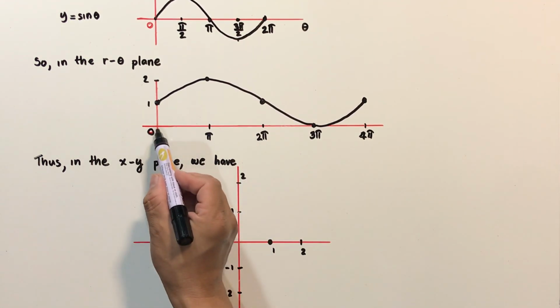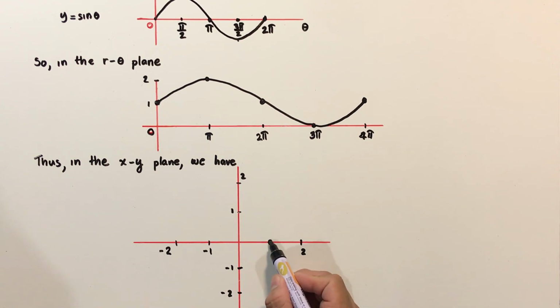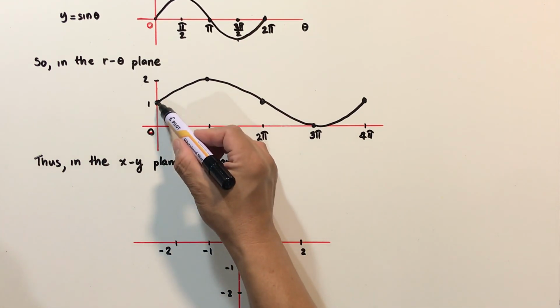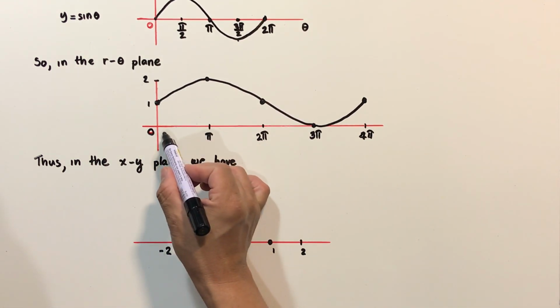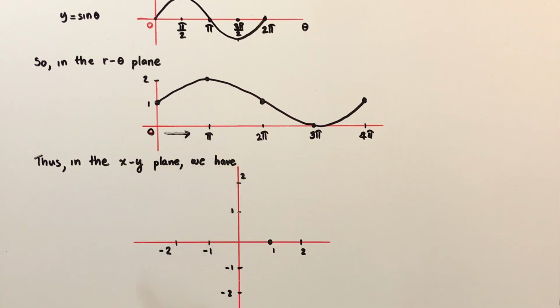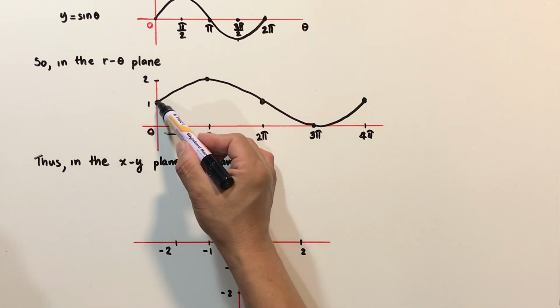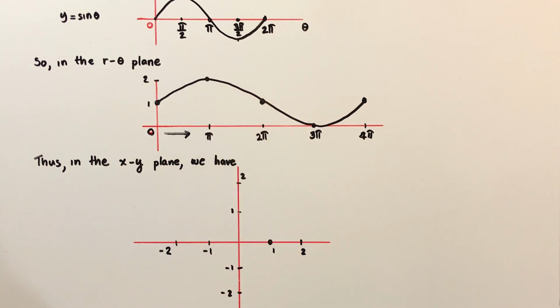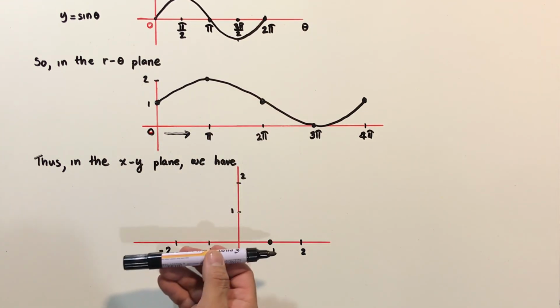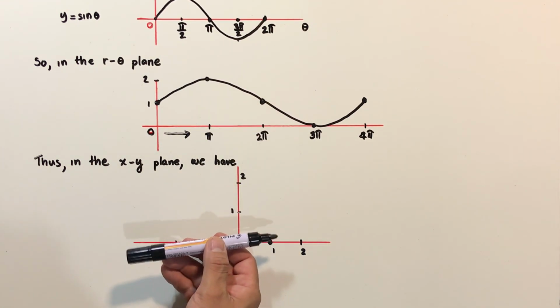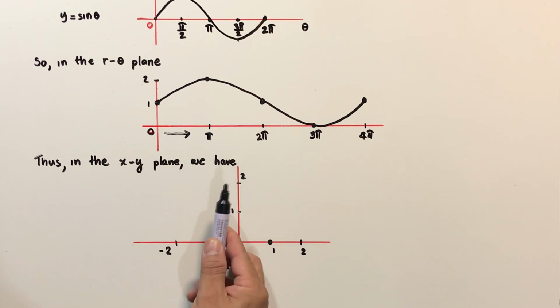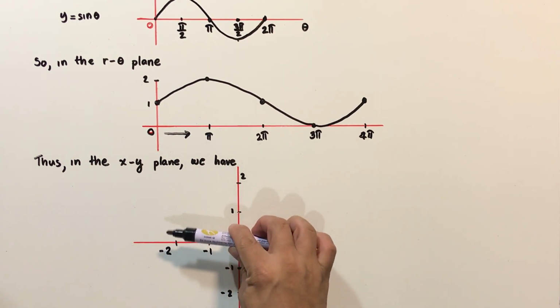So when your theta is 0, it's 1. But as the theta moves from 0 to pi, the height increases from 1 to 2. So when the angle is 0, it's 1, but it increases to 2 when it reaches the angle of pi.